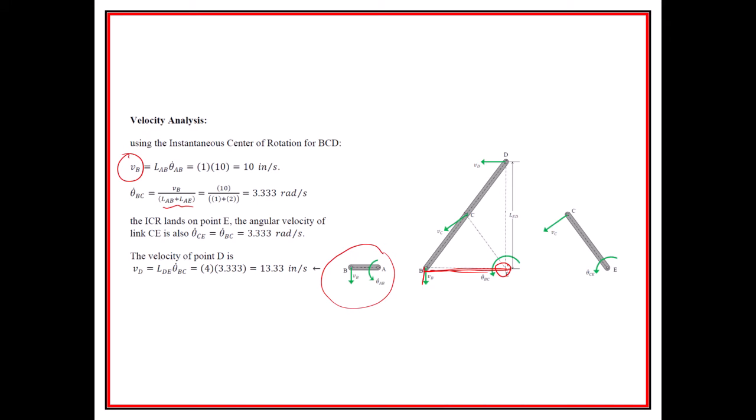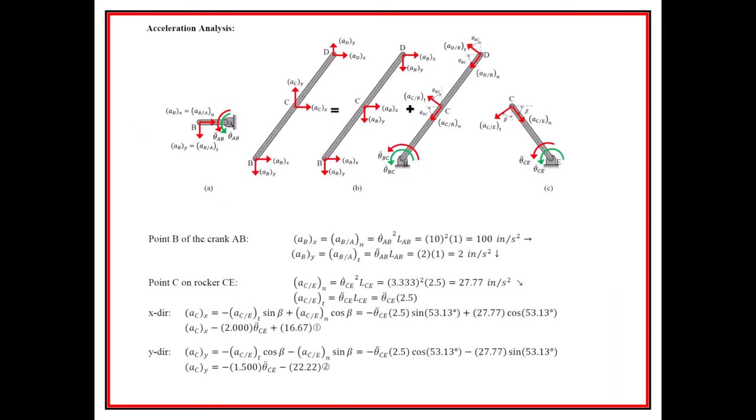So we're able to find that this other guy right here has the same angular velocity. It's just that at this particular instant, the ICR happens to land right there. And then the velocity of point D can be found, even though I don't think we needed that.